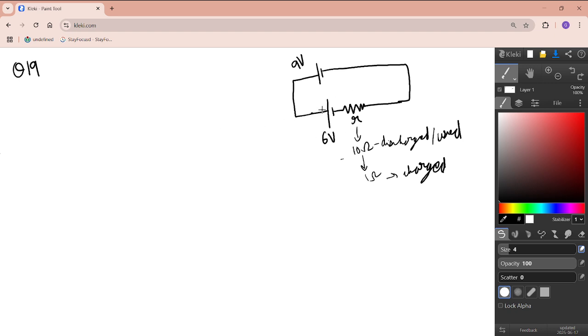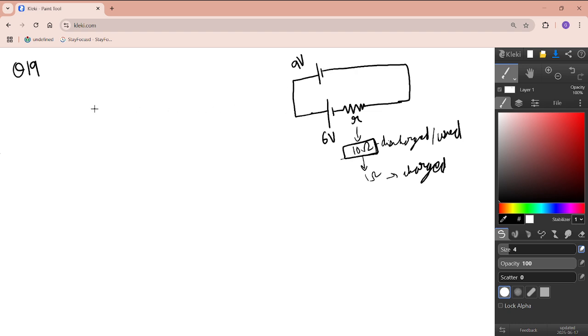The current will be the same just after the connections are made. That means it's a discharged battery, but we are charging it, but it's just at the point of time we have started charging. So 10 ohm is the resistance that we will take since it's not charged, just plugged in. So it's discharged till now, till 0 seconds or 0.001 seconds. If you go by the loop law, it's quite easy.